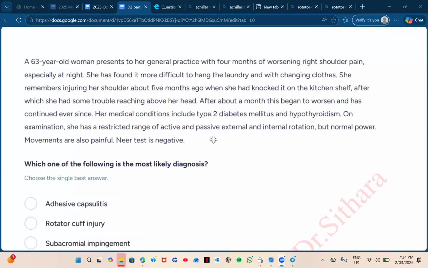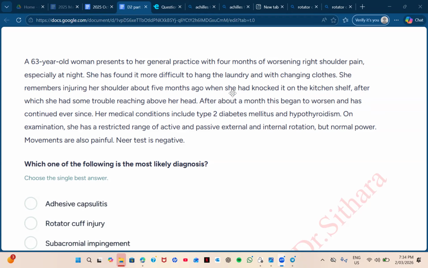A 63-year-old woman presents to the GP with 4 months of worsening right shoulder pain, especially at night. She has found it more difficult to hang the laundry and with changing clothes. So it's an overhead movement here also.